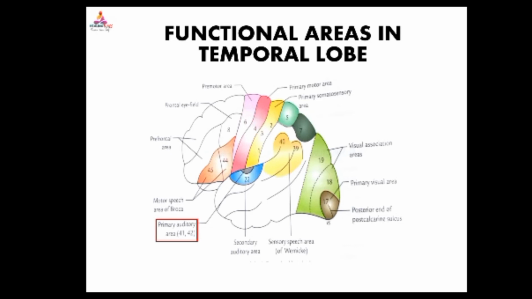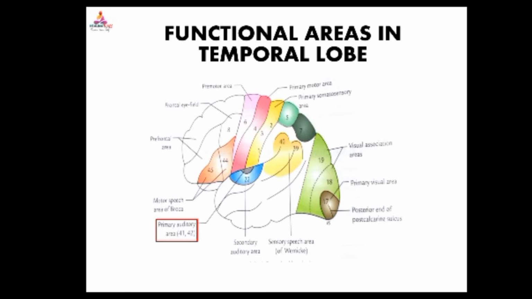The primary auditory area receives input from the medial geniculate body through auditory radiations. The medial geniculate body receives input from the organ of Corti in the cochlea of the inner ear of both sides, but mainly from the opposite side.